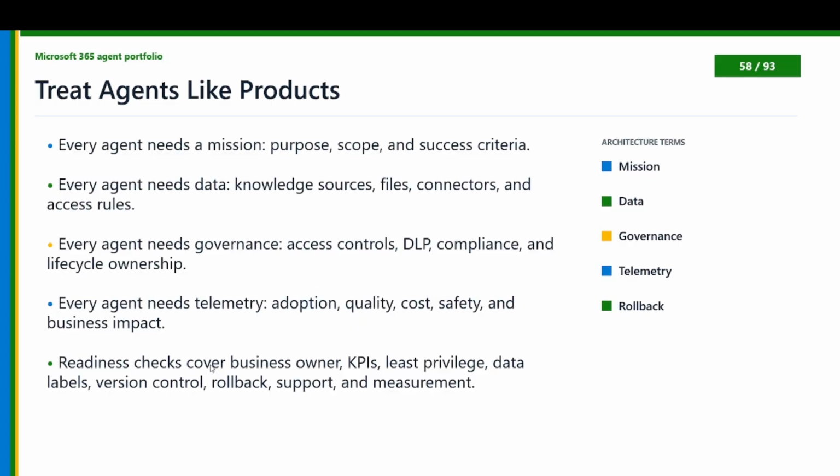We've discussed readiness check in part 1: requirements, data readiness check, cloud adoption, AI adoption, and all that. Readiness check covers business owners, KPIs, least privilege, data labels, version control, rollback, support, and measurement. Very, very important. When you conduct a readiness check, you'll be able to cover all the shortcomings, and then you'll be able to measure them correctly.